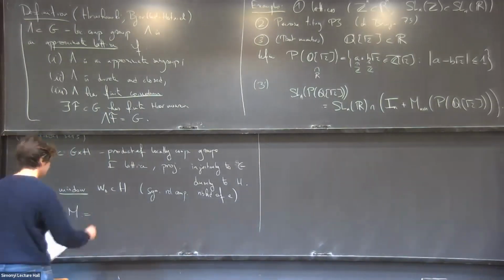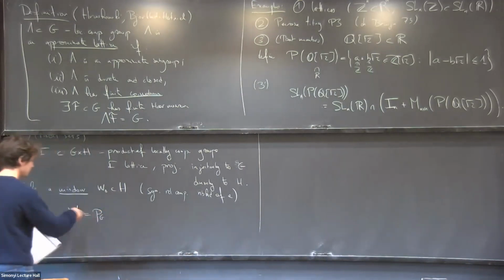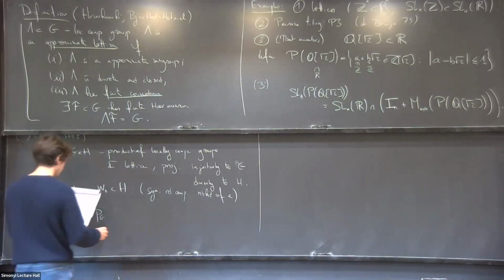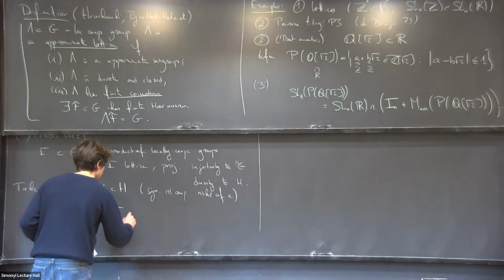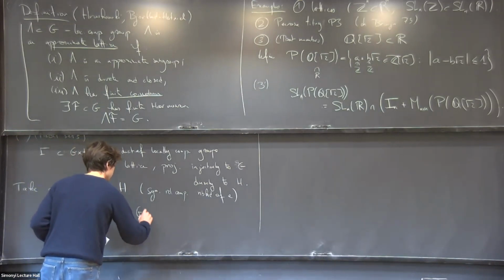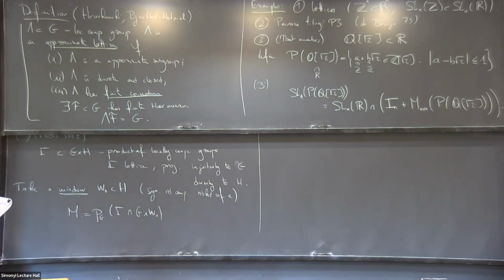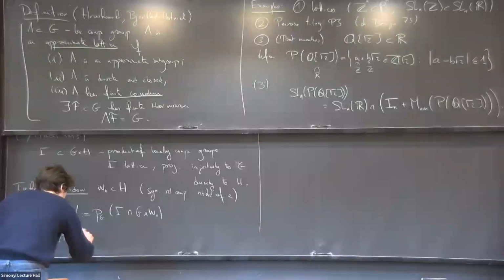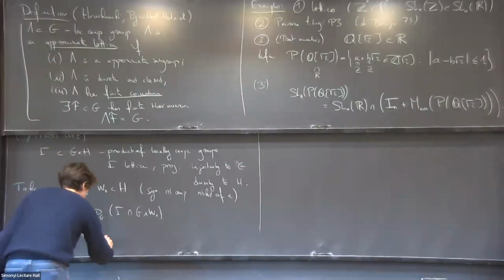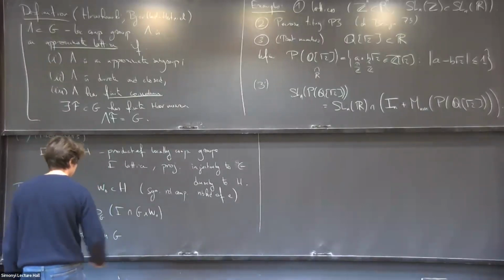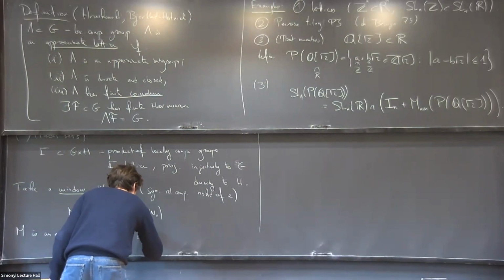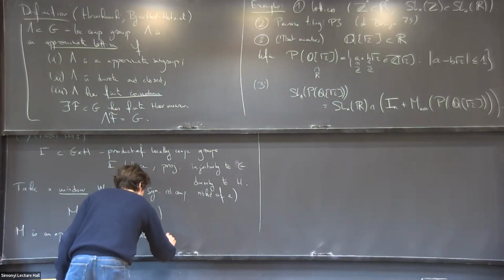M is just the projection to G of Γ intersected with G times the window. So M is an approximate lattice in G. It's called a model set.